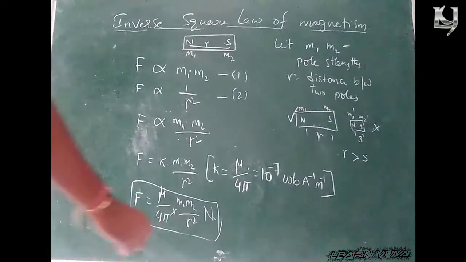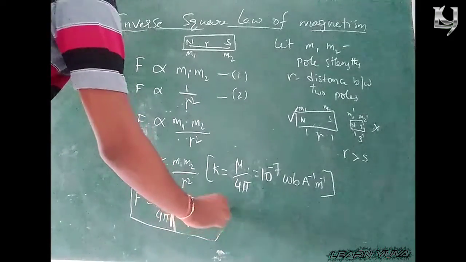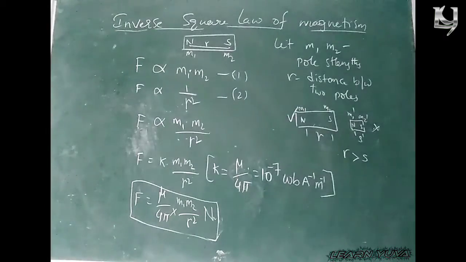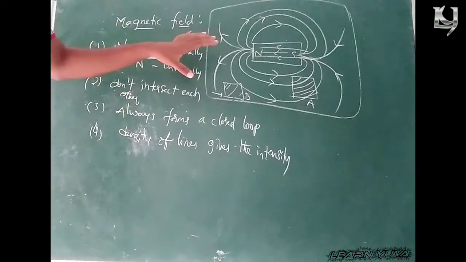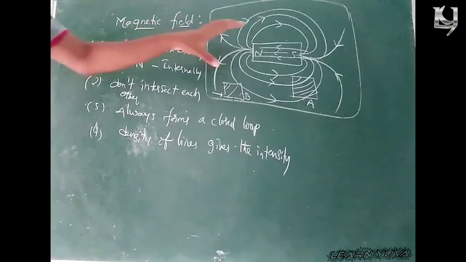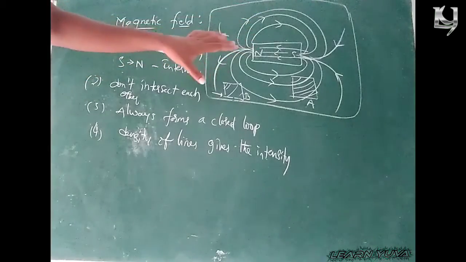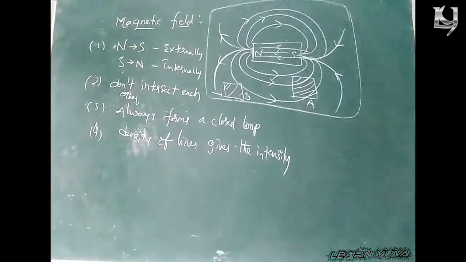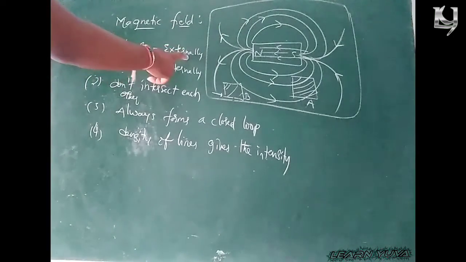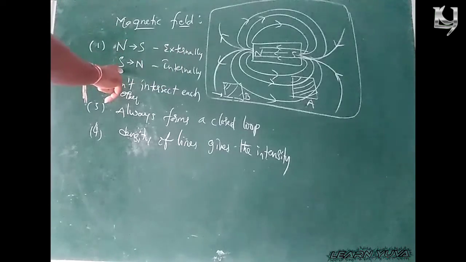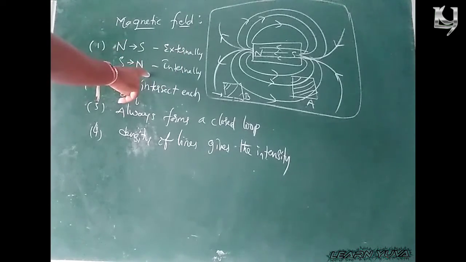Now magnetic lines of force. As we are going to discuss these, the first point is that magnetic lines of force always travel from north pole to south pole externally, and internally they travel from south pole to north pole.